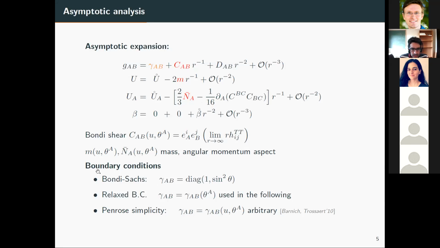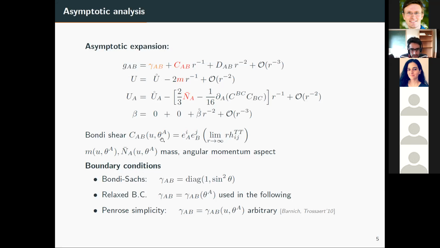Okay, let me mention a point about boundary conditions. So Bondi and Sachs imposed as a boundary condition that this gamma_AB, the leading metric on the sphere, is just the round metric.